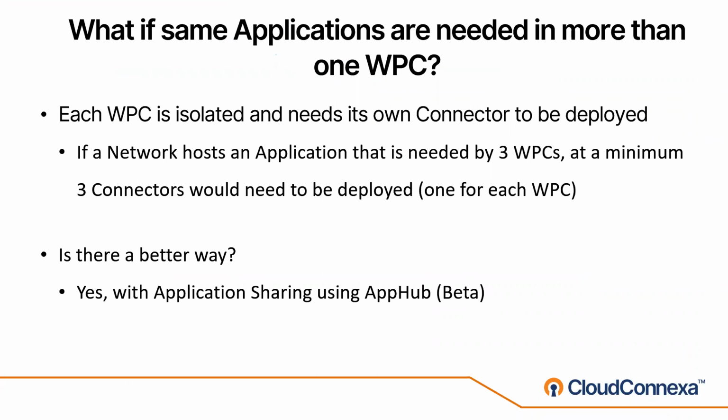And the answer is yes, because each of them is isolated, and the only way it can provide access to applications is if that application is accessible to that WPC, and the only way to make that application accessible to the WPC is by deploying a connector.